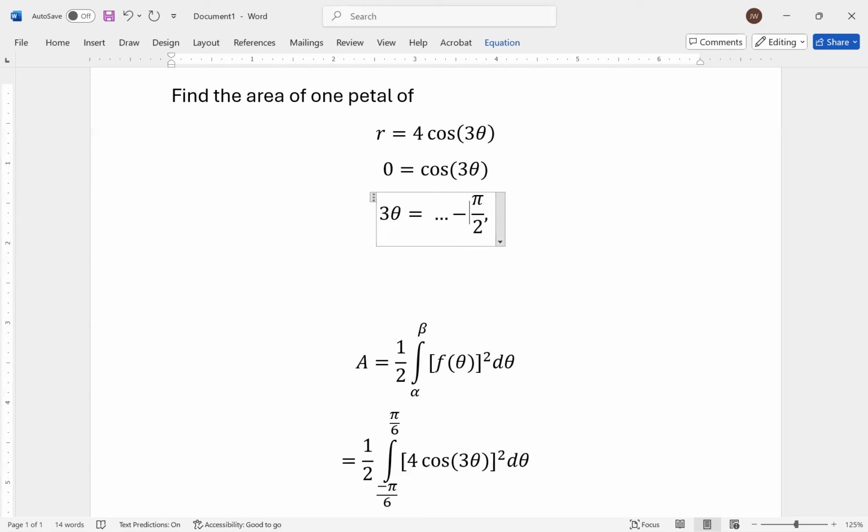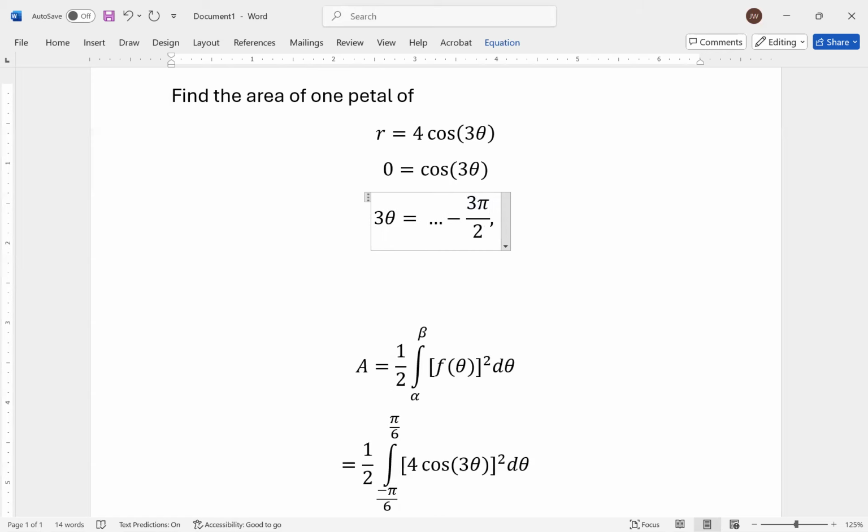There's going to be infinitely many: negative 3 pi over 2, negative pi over 2, positive pi over 2, and then positive 3 pi over 2, and then positive 5 pi over 2, and so on and so forth.